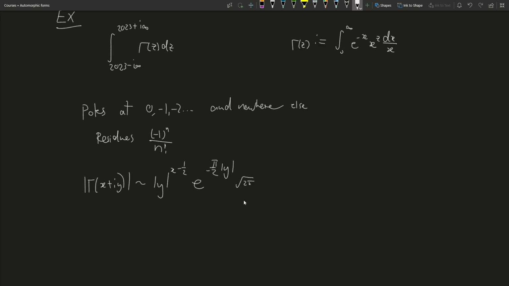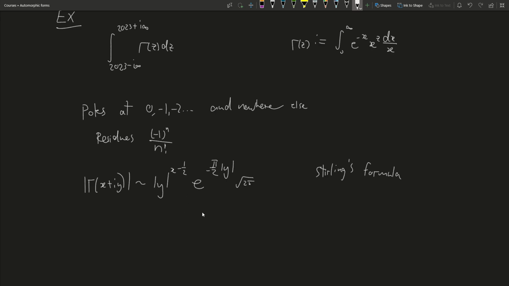Yeah. And this is called Stirling's formula. You may be familiar with Stirling's formula, which is about approximating factorials. This is the same Stirling's formula, in fact.